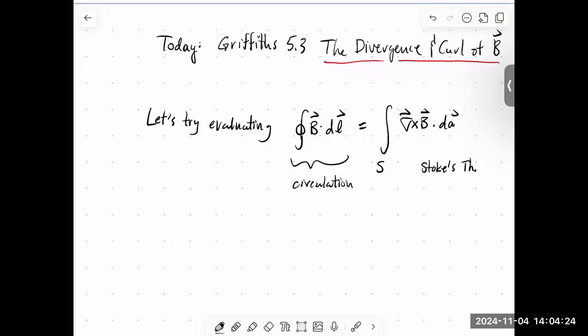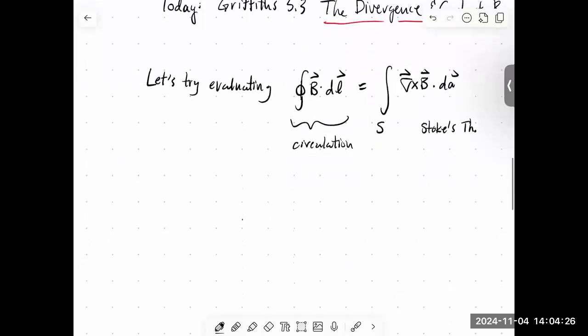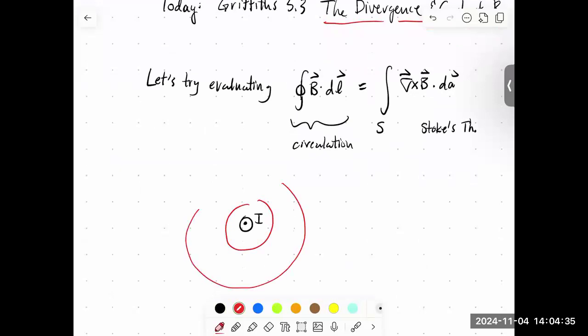Okay, so let me draw that picture that we had where we have some current coming out of the screen, and then we had a magnetic field that was looping around, and I'll draw just a couple of the lines. By the right-hand rule, if I put my thumb in the direction of the current coming out of the screen, my fingers curl in the direction of the field, and so the magnetic field must be in this kind of orientation.